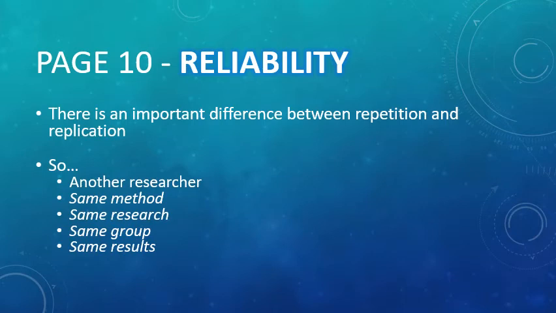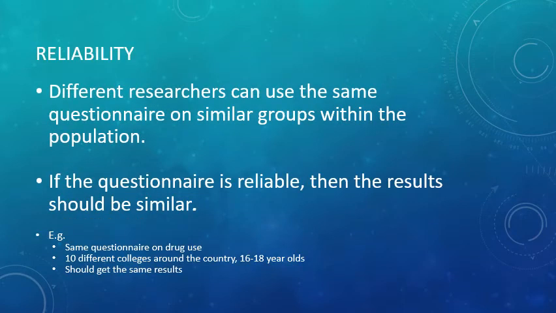So if I write a questionnaire about drug use and I take it to students at Vandine College, I will get a set of results. And if I take it to 10 different sixth form colleges around the country, similar kind of students, I'm going to get very, very similar kind of results. And that's because that questionnaire can be replicated. It's the exact same questions to every single participant. Not only am I repeating, but I am replicating, and therefore my data will be reliable.